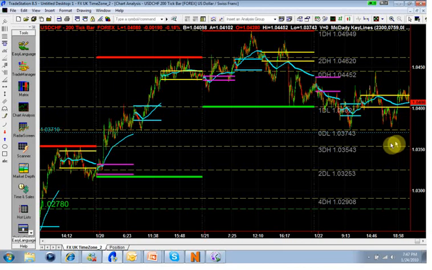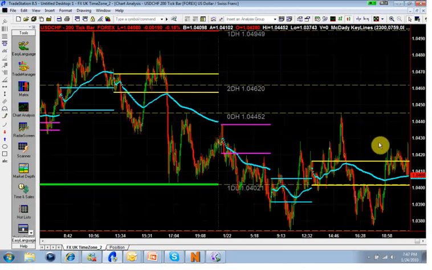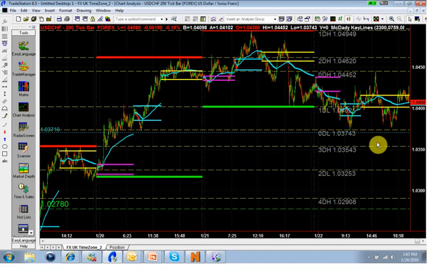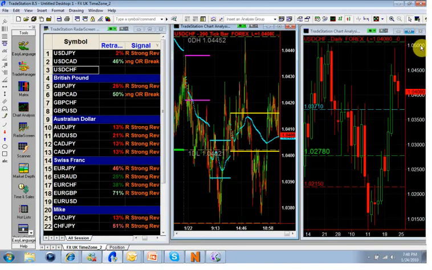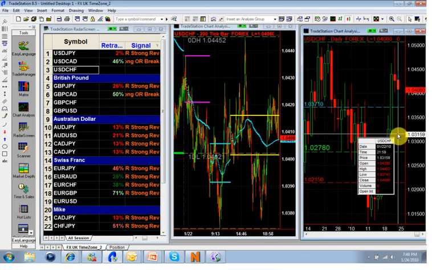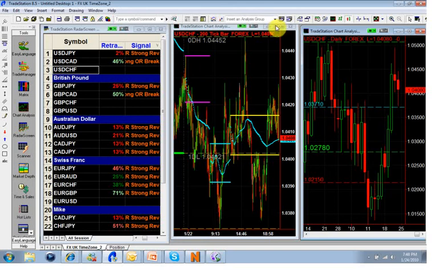And our buying point, we are going to buy above, so let's see on the daily chart. 104.45.